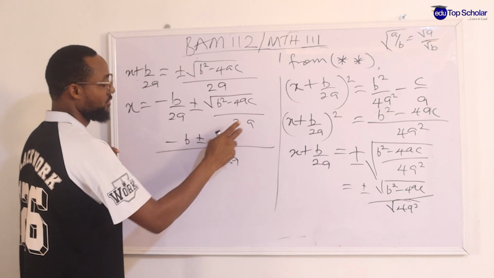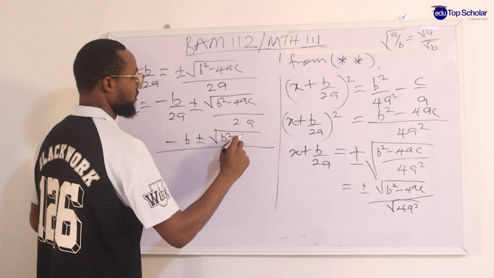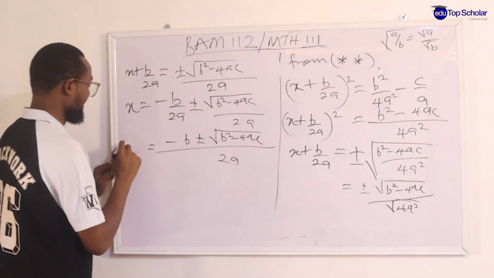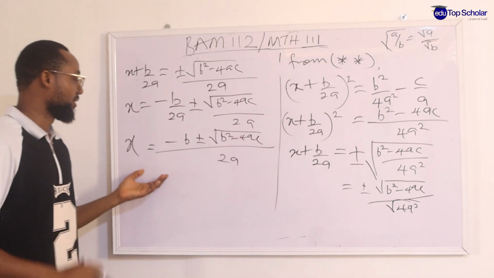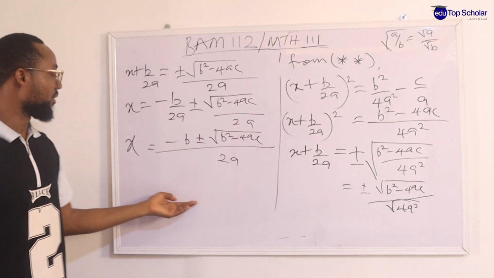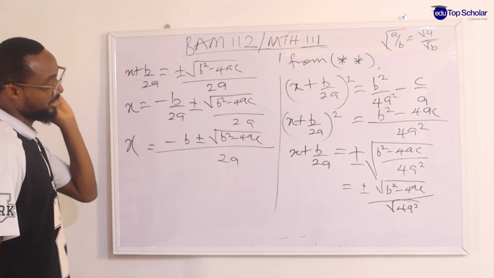Plus or minus 2a here 1 by this, we have roots b squared minus 4ac, which is the almighty formula that we know. It is called the quadratic formula. Okay, we call it the general formula for solving quadratic equation.